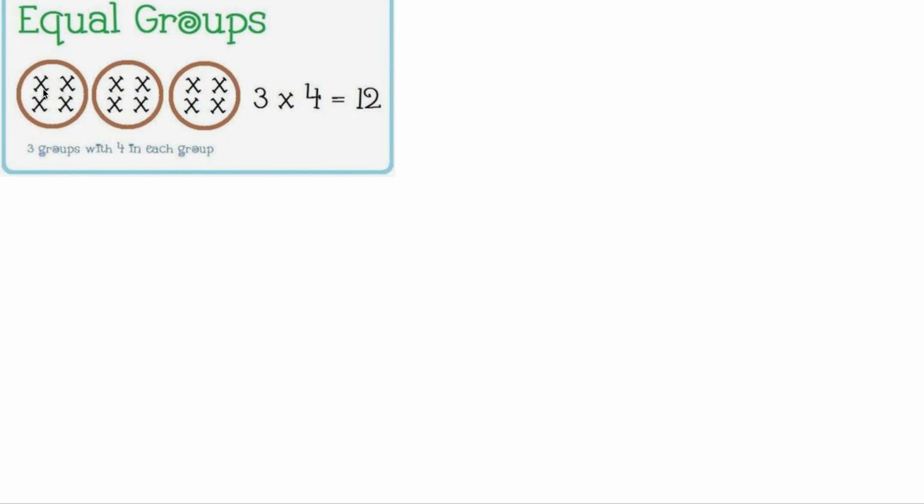So you have 4 x's in each of these groups. And you can ask how many x's are there as the total, right? So here in the units, we can say 3 groups. It can be a plate if it has cookies on the plate.